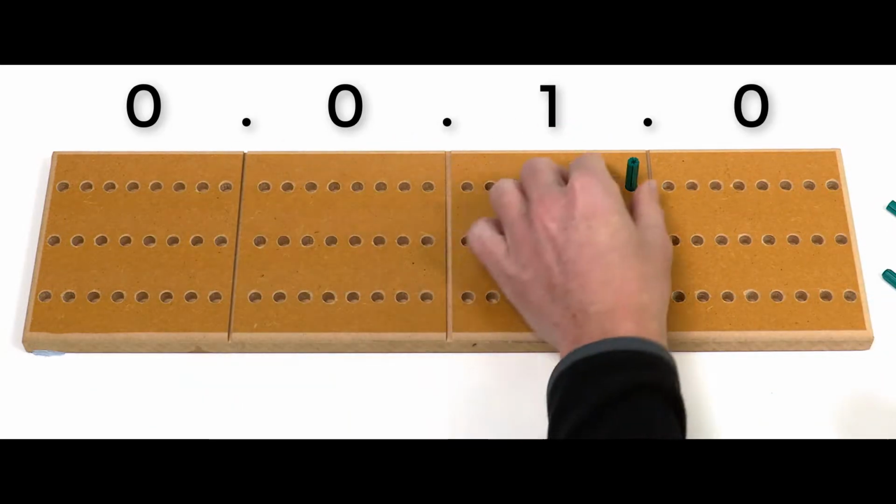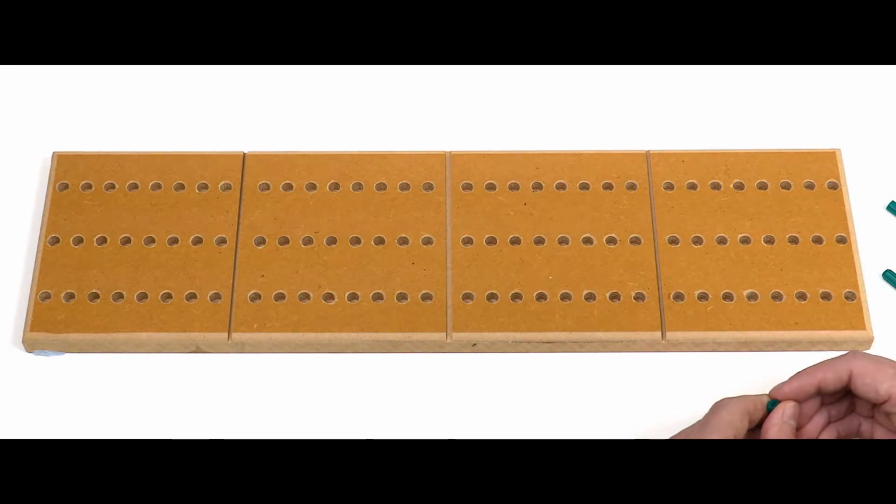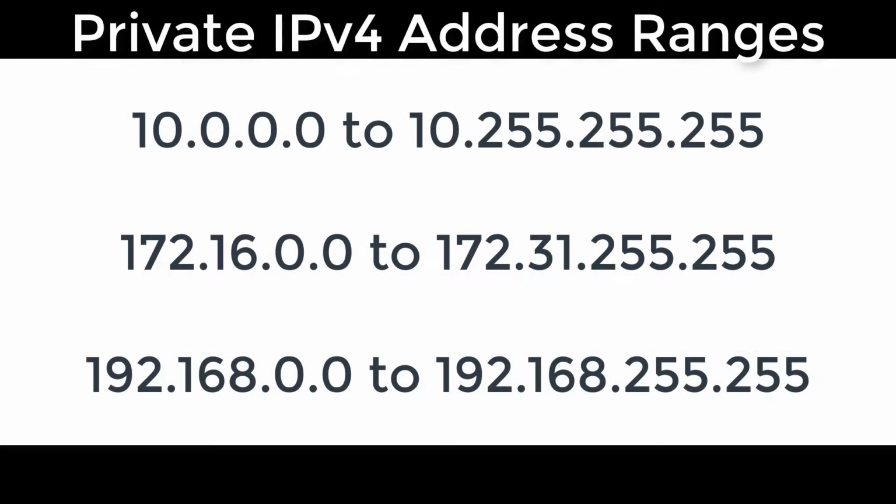Now with 32 bits, roughly 4.3 billion possible combinations, within this range there are 3 ranges of IP addresses designated as private. So these may be used within a home, business or other organisation, provided they are not used on the internet.